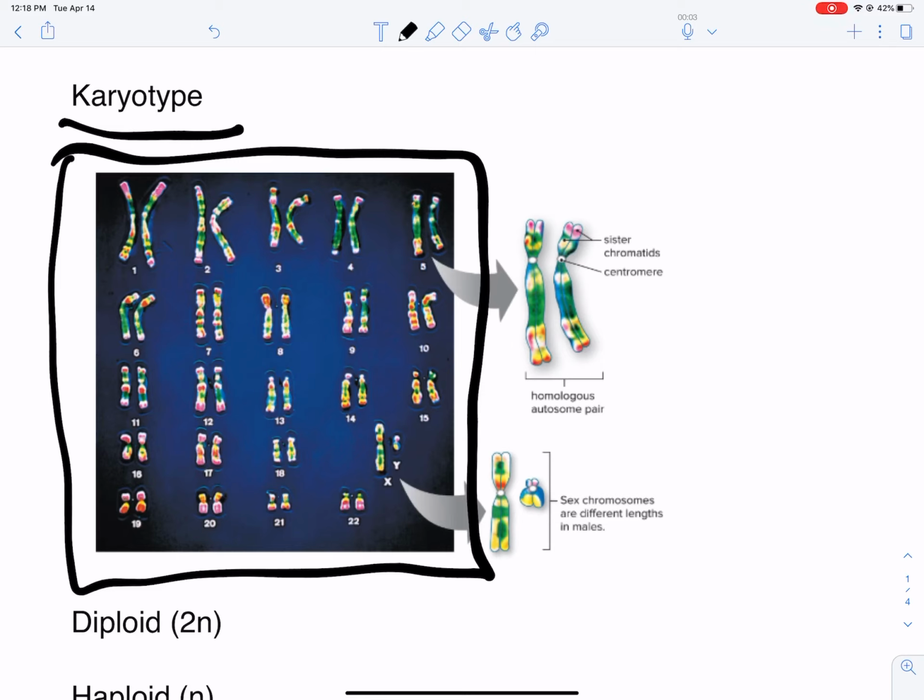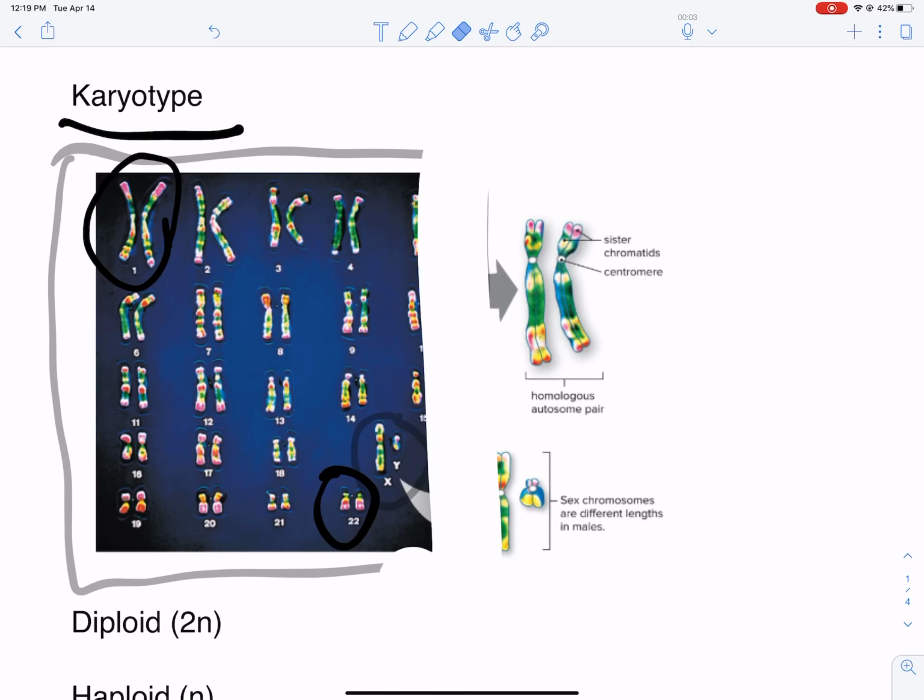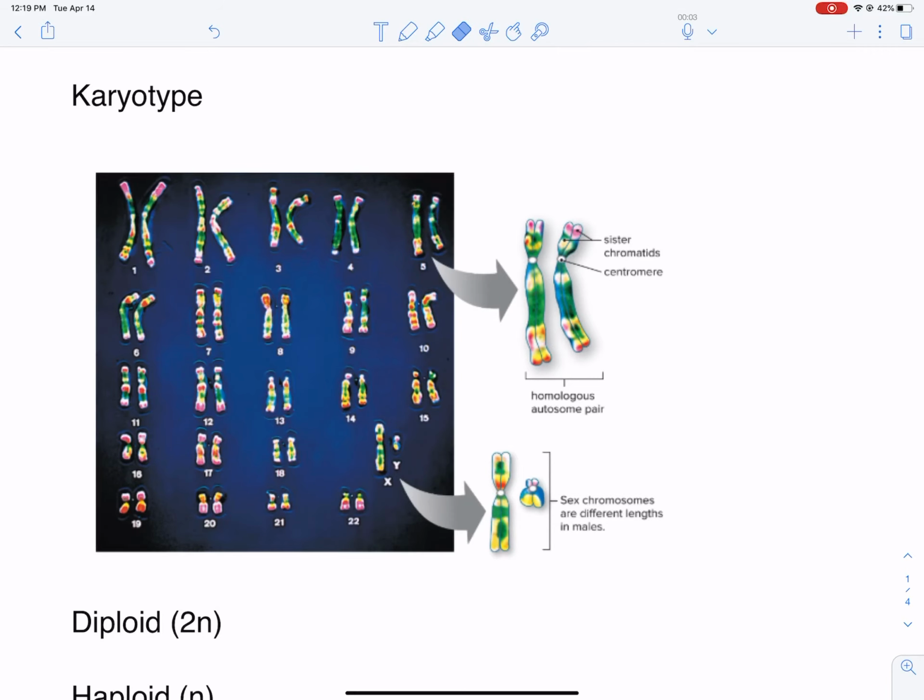They colored it and aligned the chromosomes to match, so that the paired chromosomes from 1 and 2, 3, 4, 5, all the way to 22, and then the sex chromosomes, the X and Y, are right next to each other. That's not actually how they look in your cells, but they arranged them to look like this.